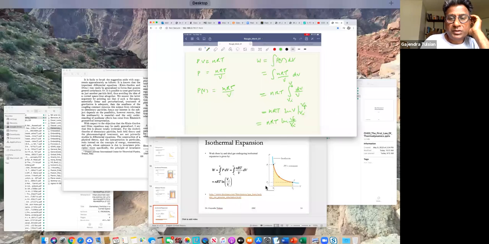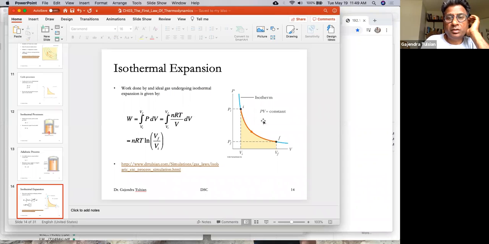And that's what we show here. So the work done during an isothermal process is equal to nRT log V final over V initial. This was a simple calculation to do, so that's why we've derived an expression for the work done during an isothermal process.